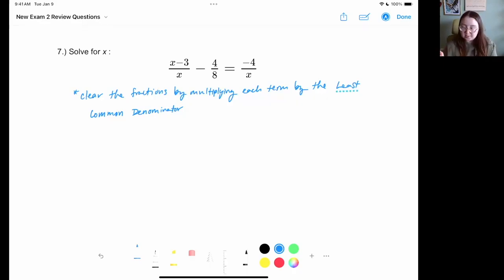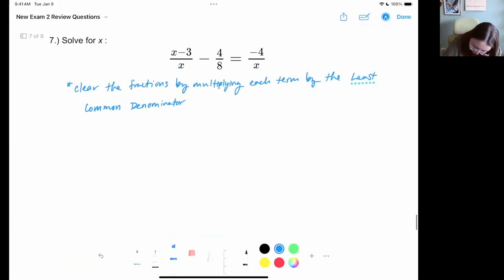So in this case, our denominators are x and 8. We have another x here, but it's really just a copy of the x. So really we want the least common. If you're just working with single numbers or variables, it's the least common multiple.